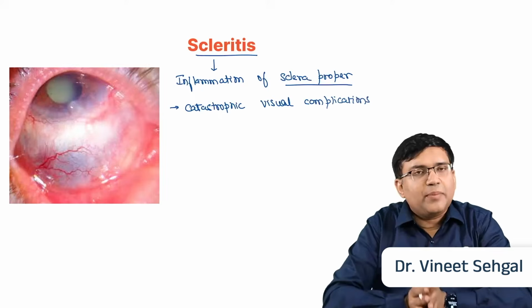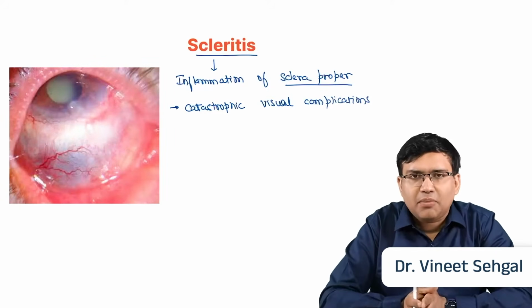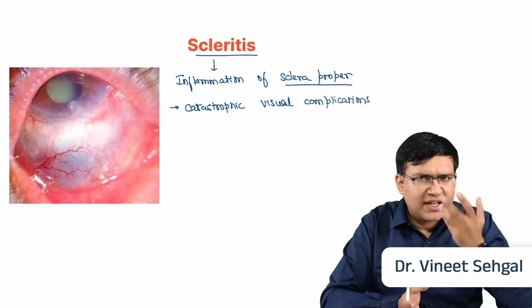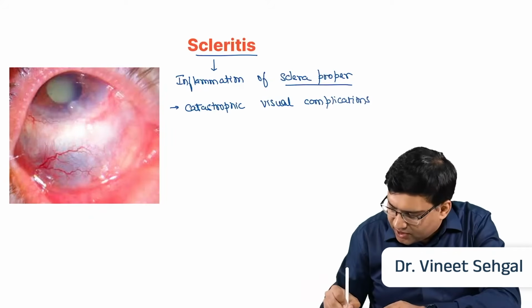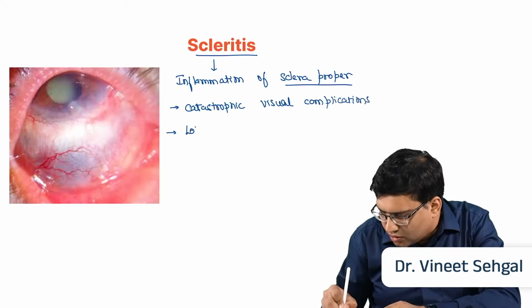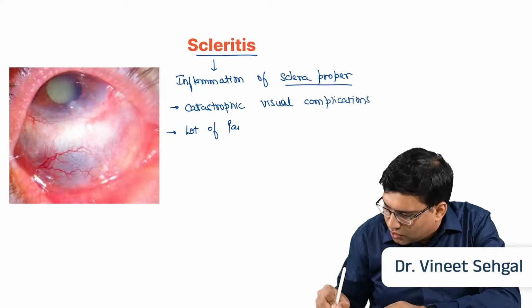The patient of episcleritis comes with just a mild foreign body sensation, redness, a small amount of watering or mild pain. But scleritis patients come with a lot of pain.